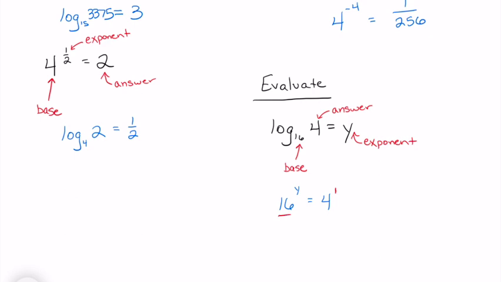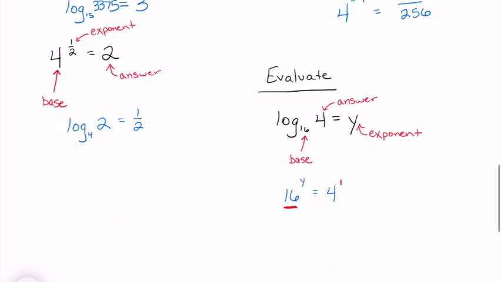Could we rewrite the 16 so that it is also a base of 4? And the answer is yes, because 16 is equal to 4 squared. And so we can rewrite this as, instead of 16, 4 squared to the y power equals 4 to the first power.